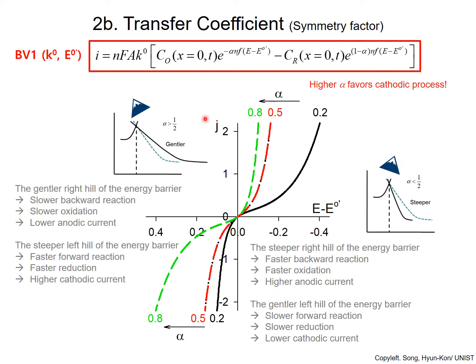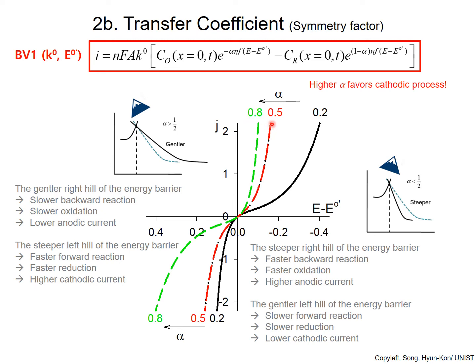Based on the understanding of the reaction coordinate diagram, let me try to predict the current-potential curves based on the Butler-Volmer equations. Here I have plotted Butler-Volmer equations with three different values of alpha: 0.5, then 0.2, and finally 0.8.